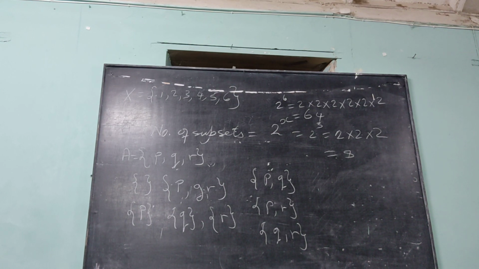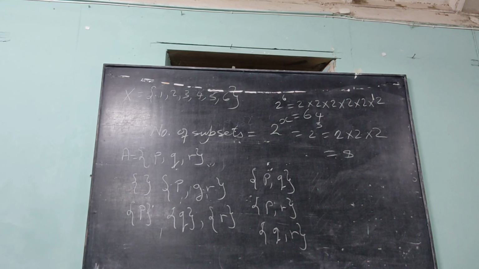And what I want you to do for homework, try to list the 32 subsets. Get some clean sheet of paper and just practice. But don't try it now. B now. How many subsets would you get from B? 4. Yes, because that would be 2 squared. What about C?